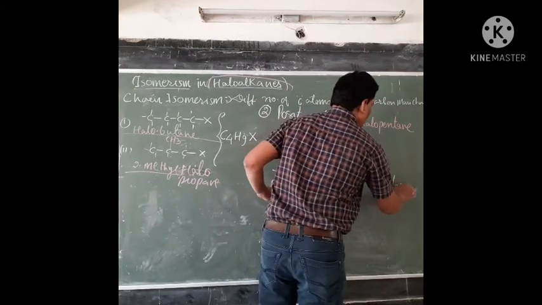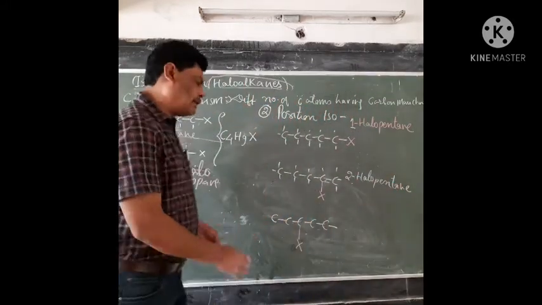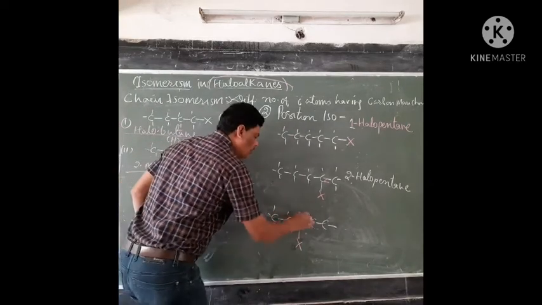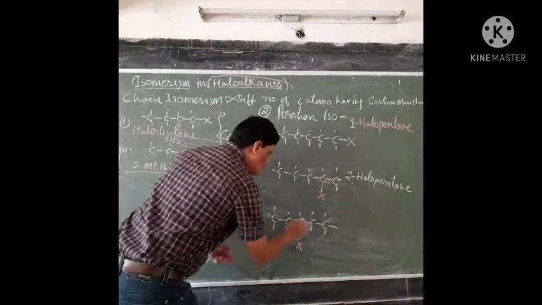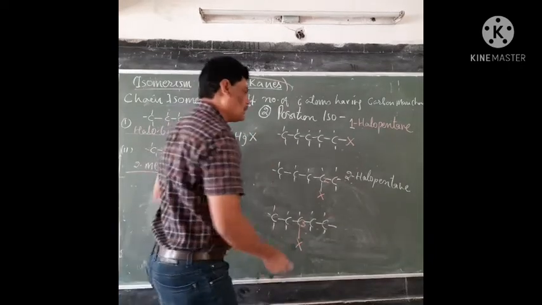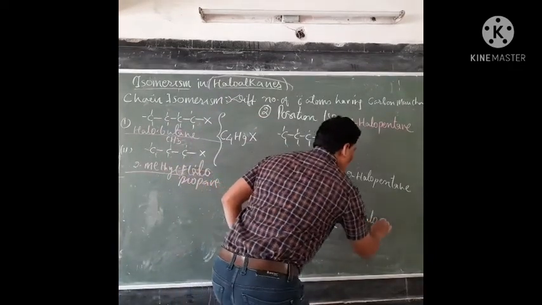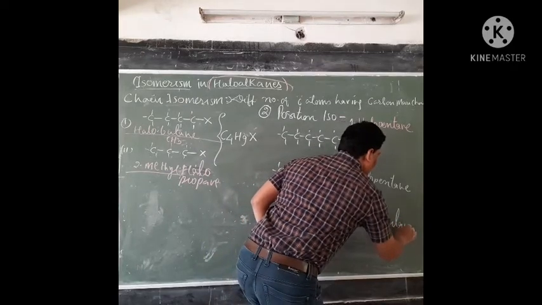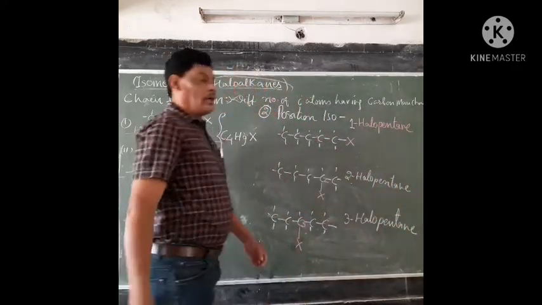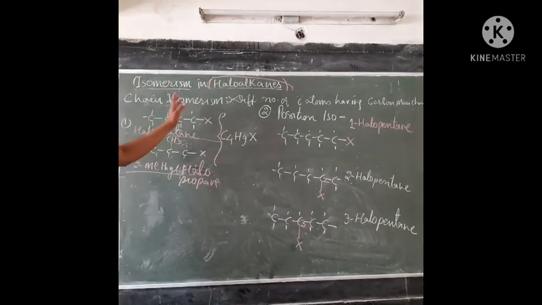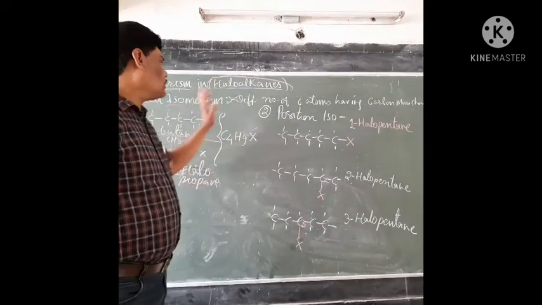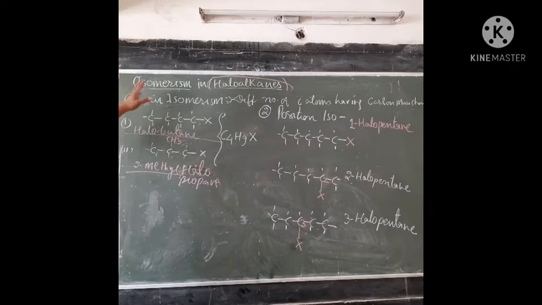And for compound number three, the position is on the third carbon atom, so it is written as 3-halopentane. So these two types of isomerism are shown by haloalkanes. Getting it?